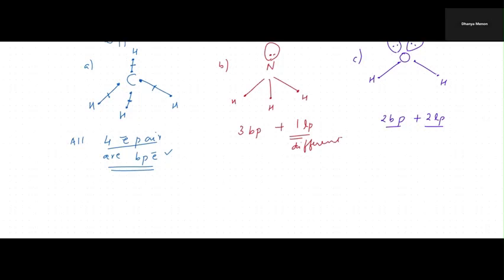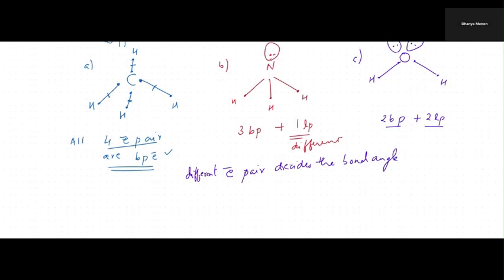So the different electron pair decides the bond angle. So the bond angle is decided by whom?